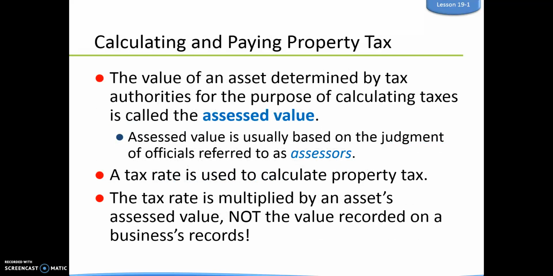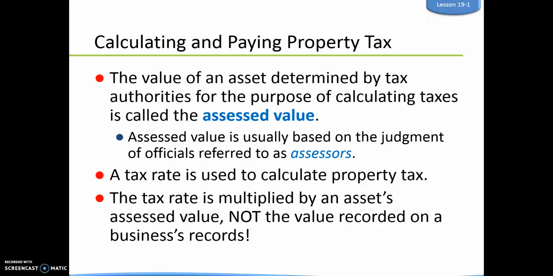Now, the value of an asset that gets determined by tax authorities for the purpose of calculating taxes is called assessed value. An assessed value is usually based on the judgment of an official that we refer to as an assessor. So there are people whose jobs are to come out and take a look at your building and your land, and they determine something called an assessed value.